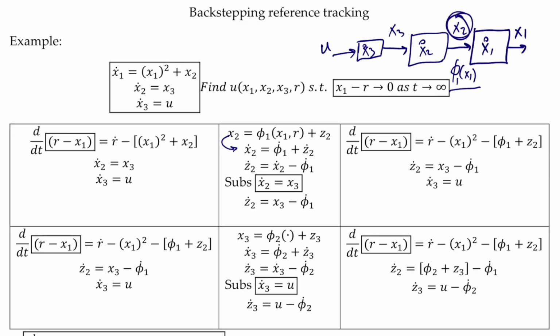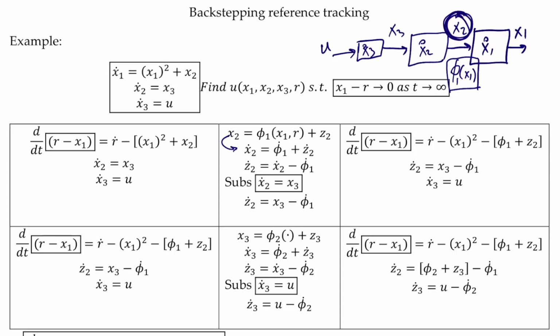What is z2 dot, or rather what is z2? z2 is this. We want x2 to, of course, I'm changing the idea between the reference tracking and also regulation, and I'm assuming you kind of know which one I'm referring to. We want x2 to quote unquote track the phi1 signal. But will it be perfect tracking? No, we will also have some type of error signal, right?